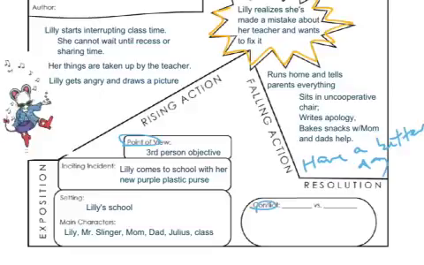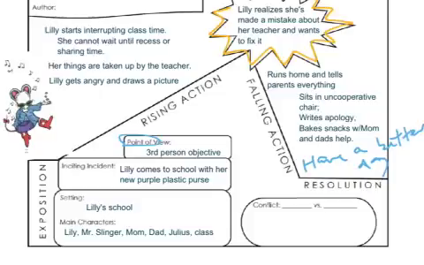And then we have to decide if the conflict for Lily is internal or external, because either something outside of Lily caused conflict in her problems, which we could say would be character versus character, man versus man, because Mr. Slinger takes her plastic purse away.